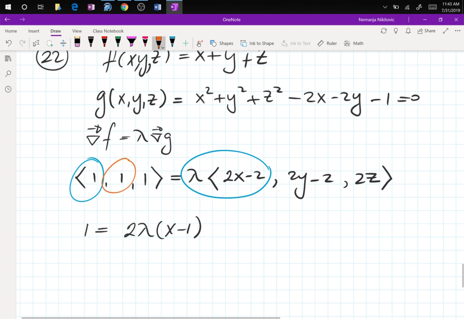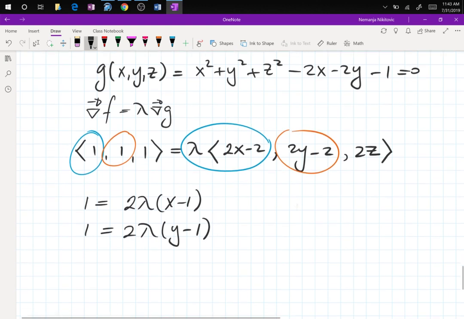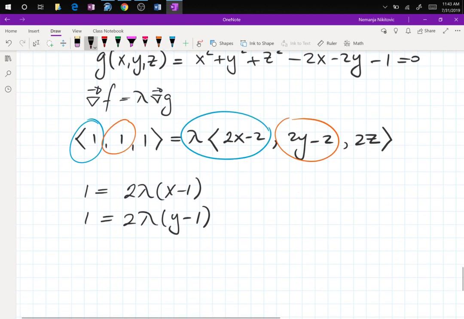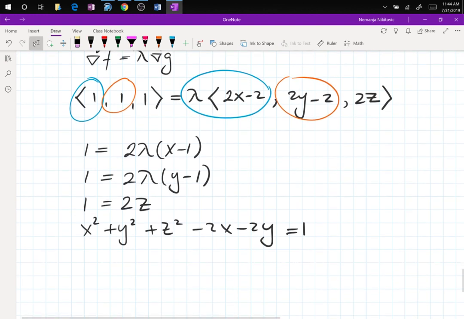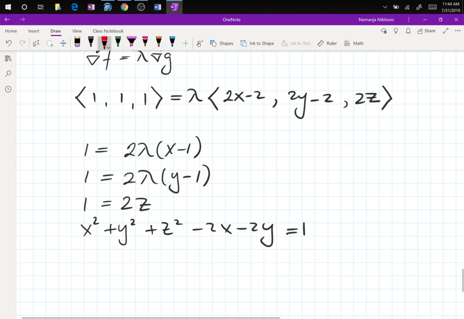Then the next one, I was purposely picking a problem like this for you, you'll see why now, y minus 1. And finally the third equation over here is 1 equals to 2z, and we have to use constraint g, which is x squared plus y squared plus z squared minus 2x minus 2y equal to 1. So there's my system.